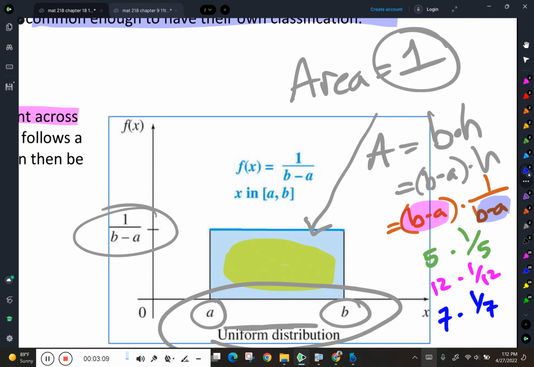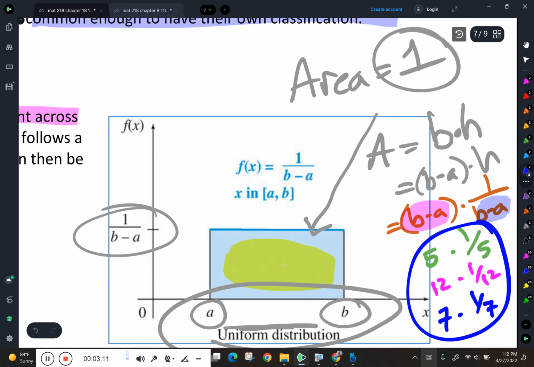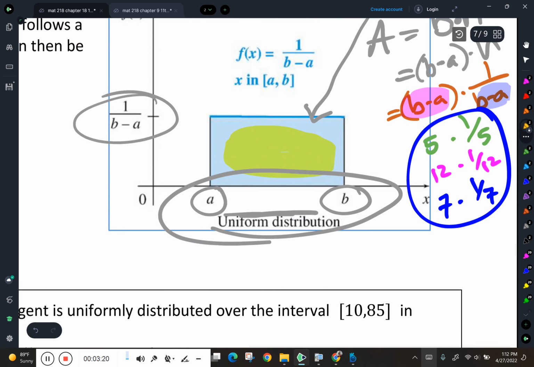Okay? Now, these ones are pretty obvious. They're pretty easy to see. But what if the base ended up being something ugly? What if the length of that base down there ended up being like 5/3? Well, I know I have to take the reciprocal, so the reciprocal would have to be 3/5. So if this distance from here to here worked out to be 5/3, then this height would have to be 3/5.